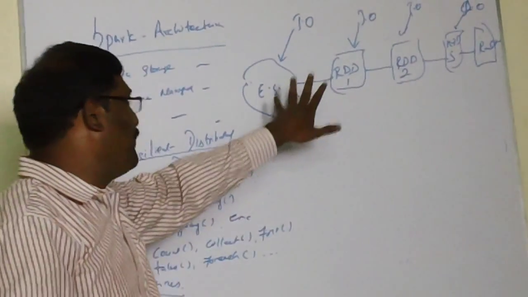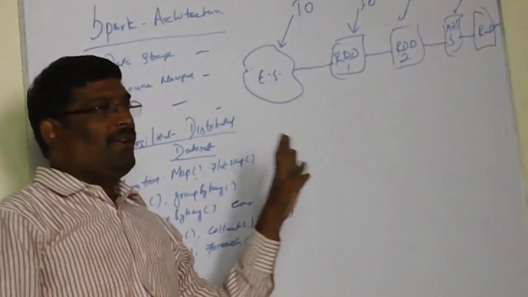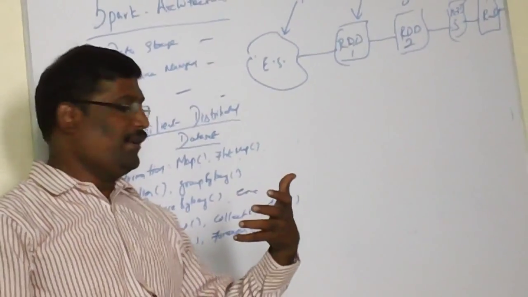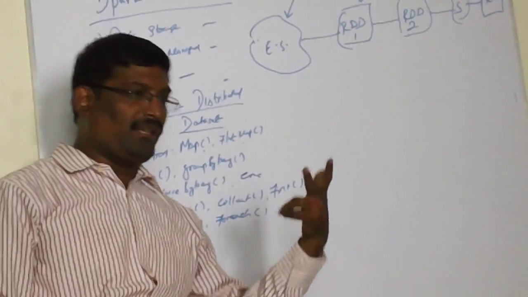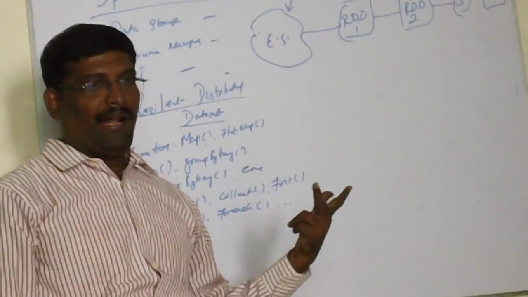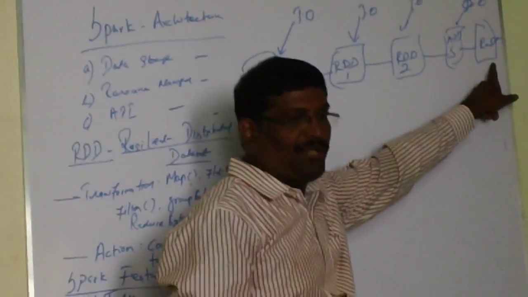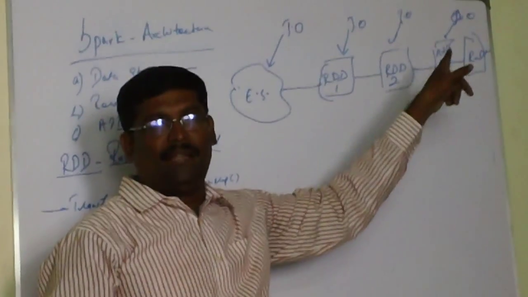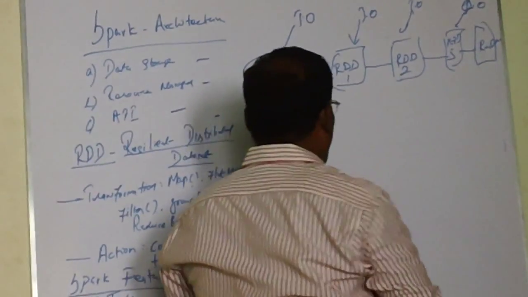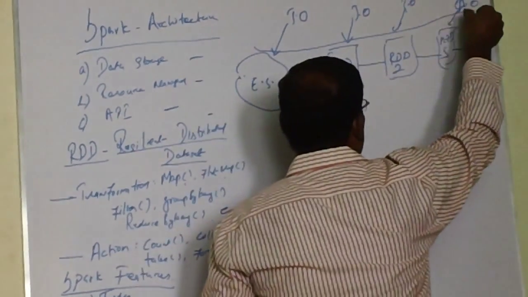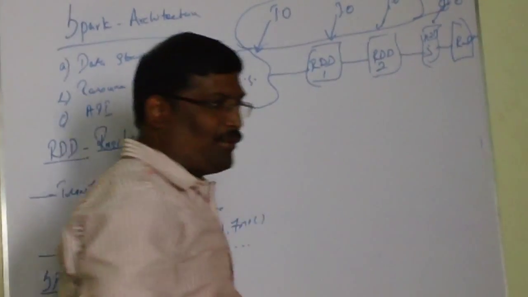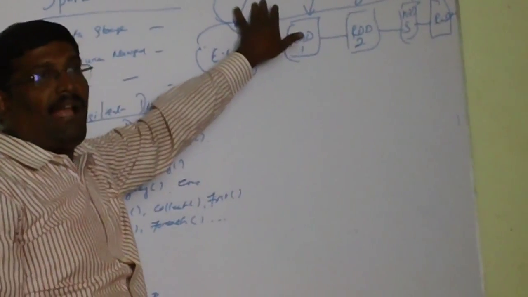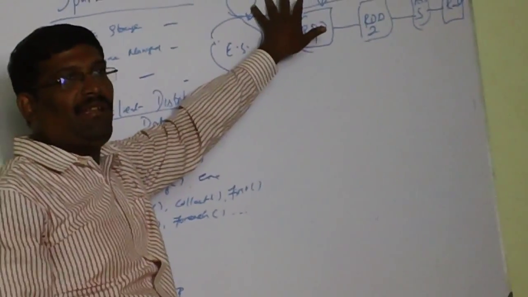No. When you apply any transformation operation, Spark does nothing. It only observes what transformation operation you are doing. When you apply another transformation operation, it does nothing. Until you apply an action operation, Spark does nothing. When you apply an action operation, it analyzes all the transformation operations, evaluates them, and comes up with an optimized way of processing the data.